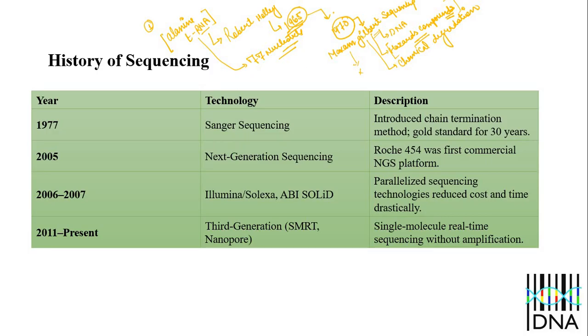But after the 70s, in 1977, a new sequencing method was developed, known as Sanger sequencing. It was developed by Frederick Sanger, who also received the Nobel Prize for this technology, and it was the gold standard for 30 years. Presently, we still use Sanger sequencing for short nucleotide sequences.